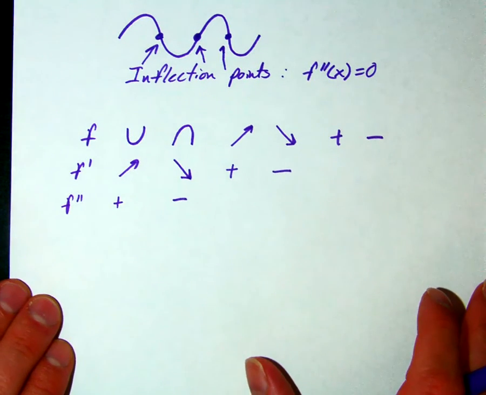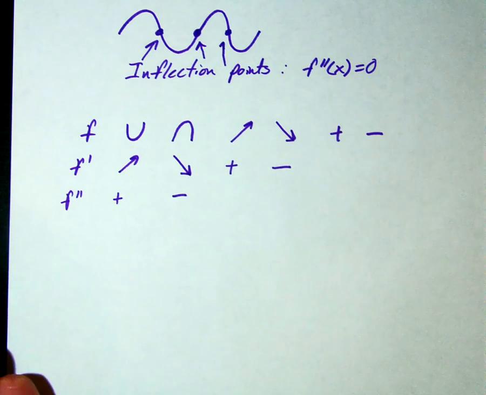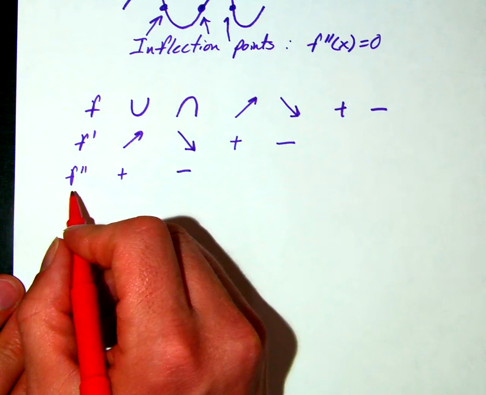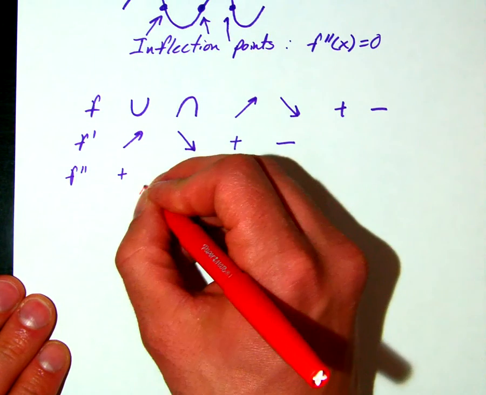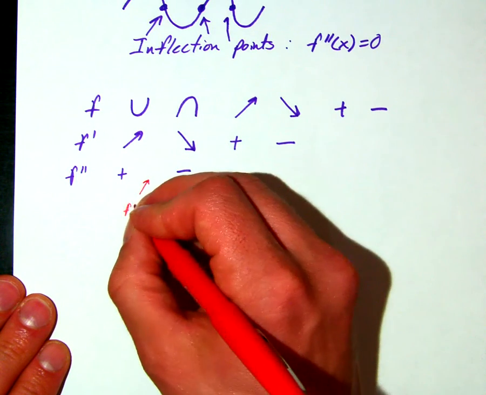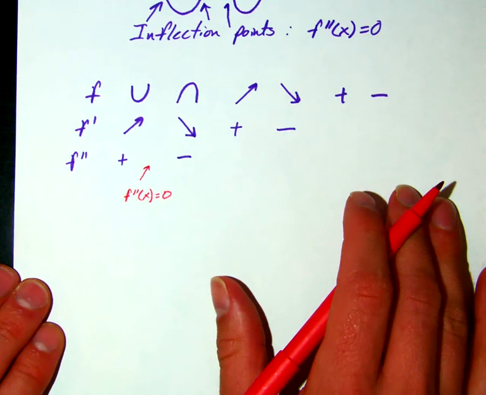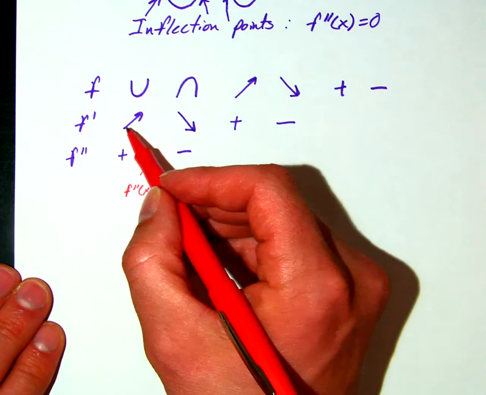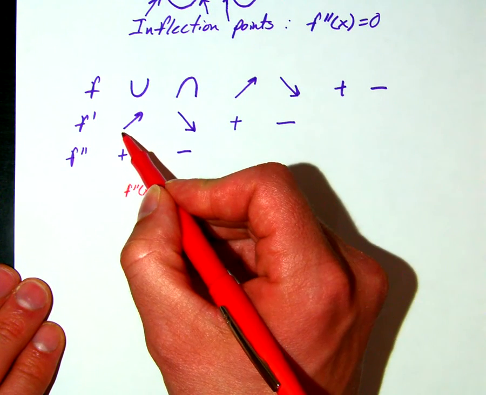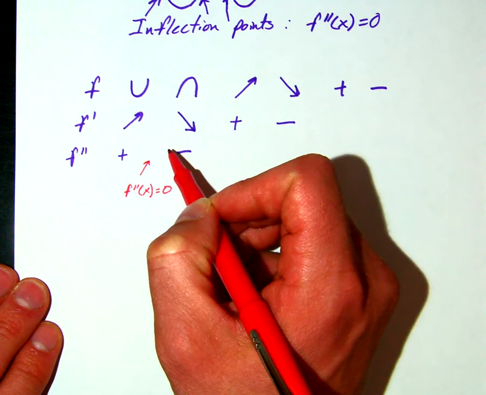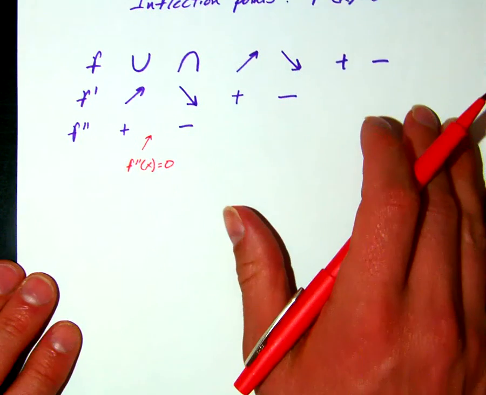So, we're looking for the inflection points. Now, it doesn't show it on the graph, but right here is where f double prime of x would be 0. That also means it's going to be the point in between where f prime is increasing and then decreasing. Okay?